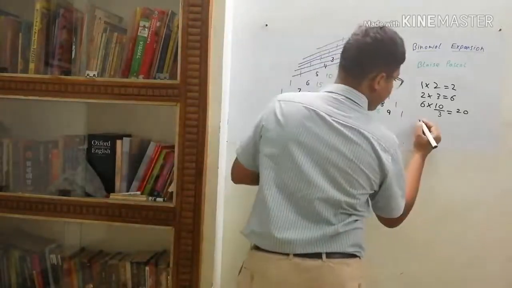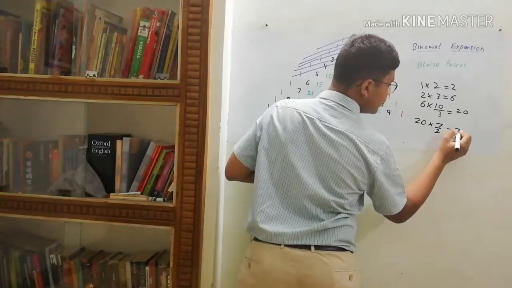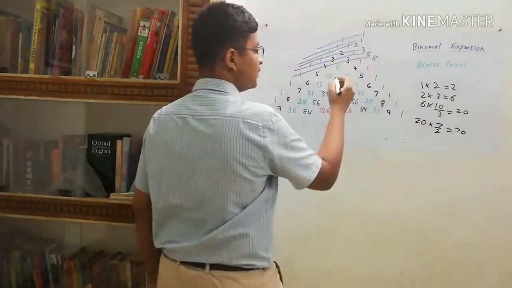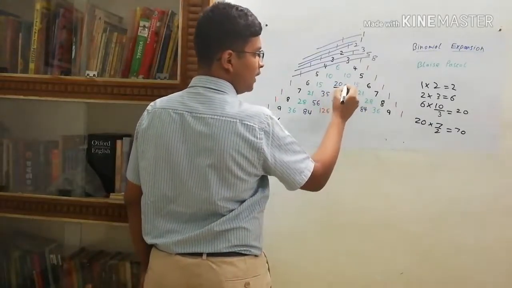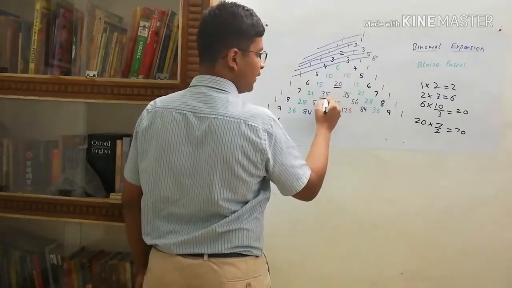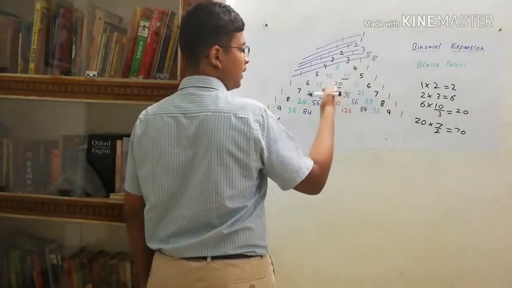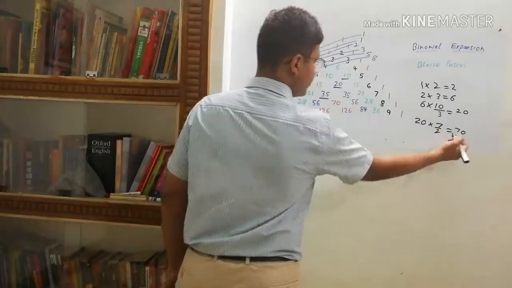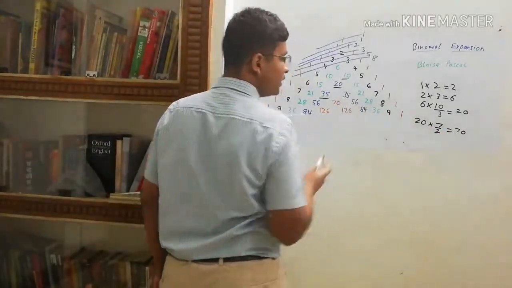So 20 into 7 by 2 is equal to 70. You are going to see the adjacent numbers. It will continue forever, and it is very valid for other sequences also.